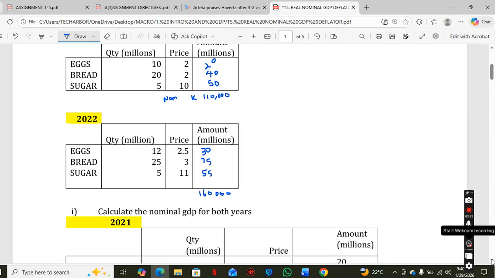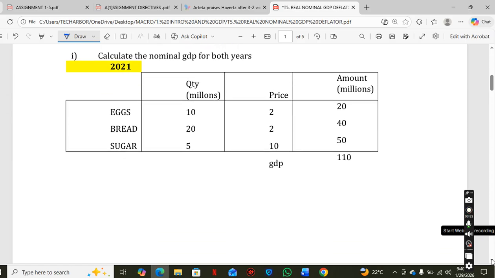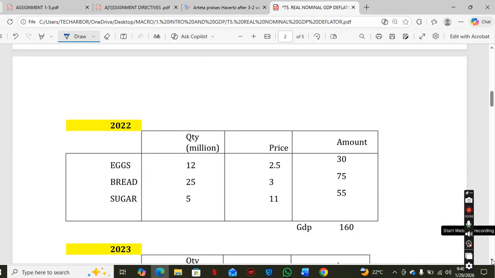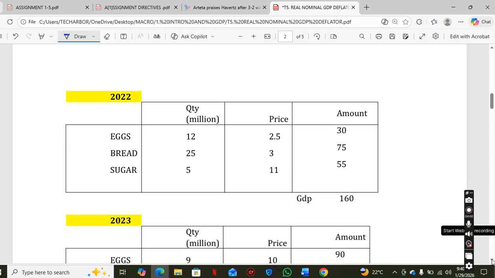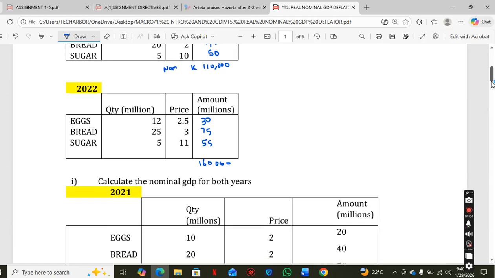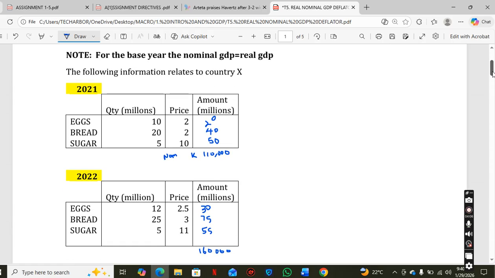Okay. The answers are already here, GDP for that one, GDP for that one. It is even 2023. Okay, for this example, we'll just use 2021 and 2022. Then when I give you a tutorial, I'll give you at least 3 years.